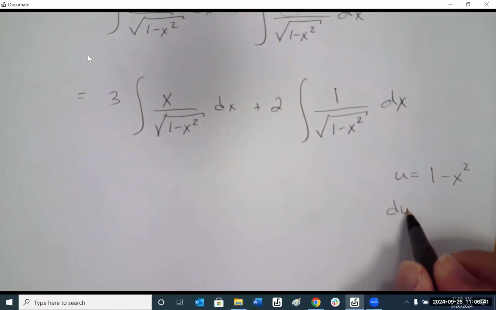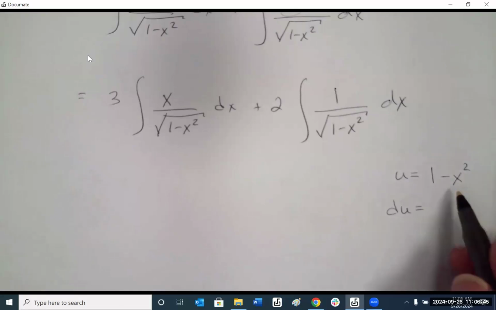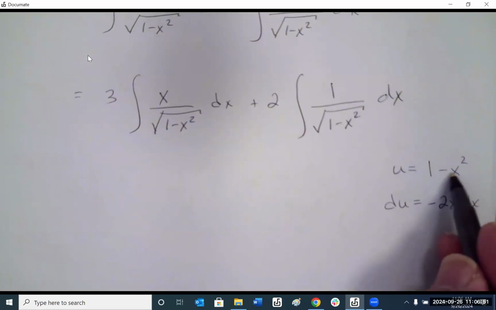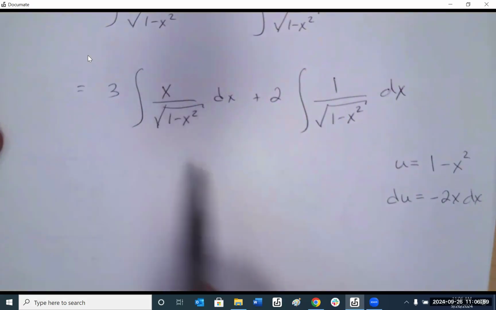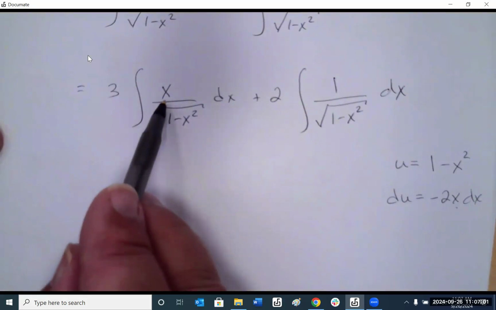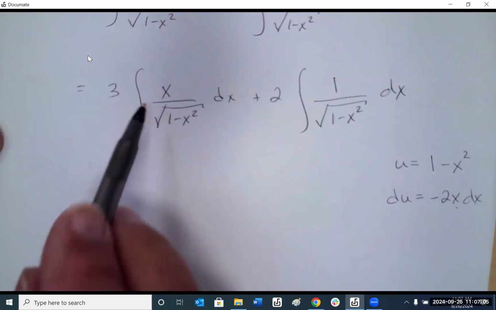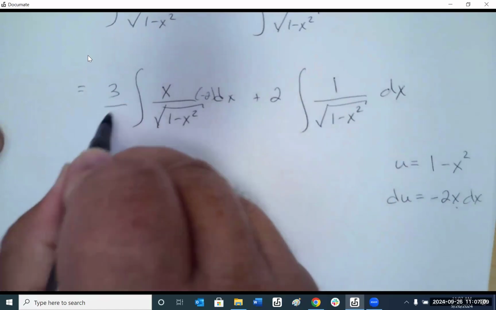So du would be negative 2x dx, because we take the derivative of this one. So does this one at least work with this one? What's missing? We need to put a negative 2 there, which means we have to divide by negative 2.